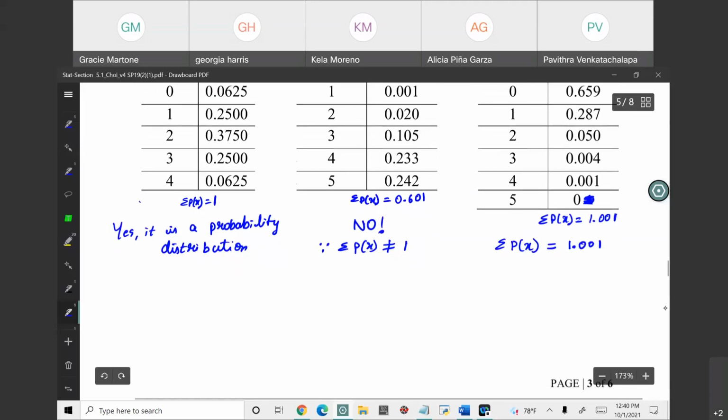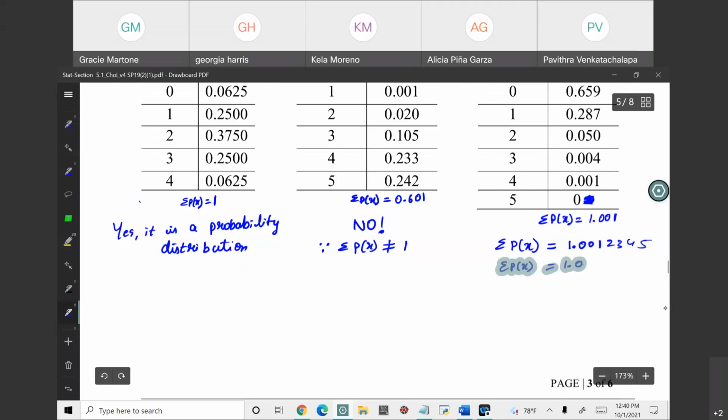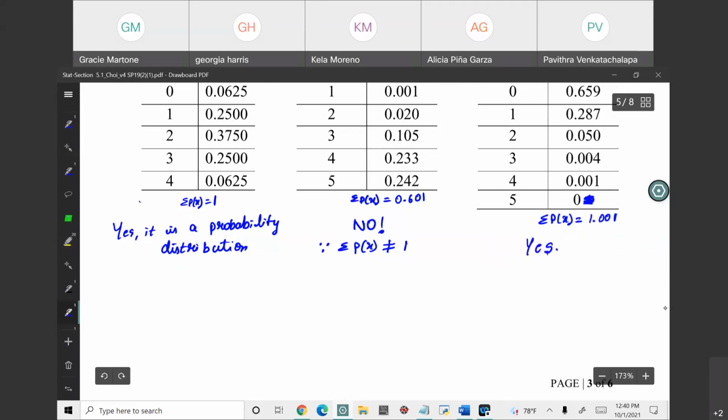Usually when we write a decimal, we take at least one number. Suppose if this is like a continuous number, we take just a starting number and leave the rest of them. Now tell me whether it is a probability distribution or not. Yes, right? So when you have a rounding error like this, the answer must be yes, because there are chances that it is a probability distribution.